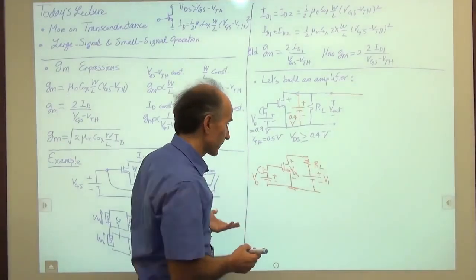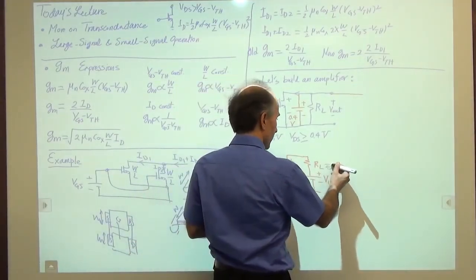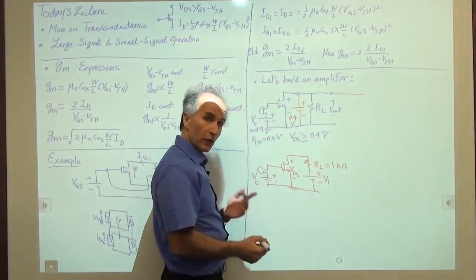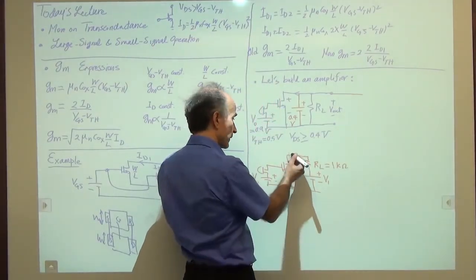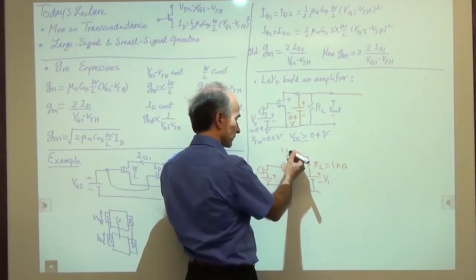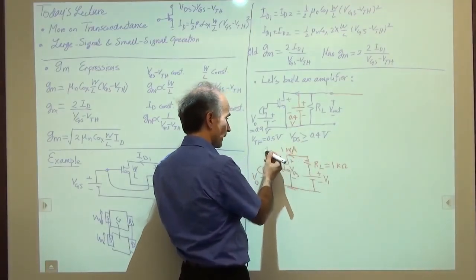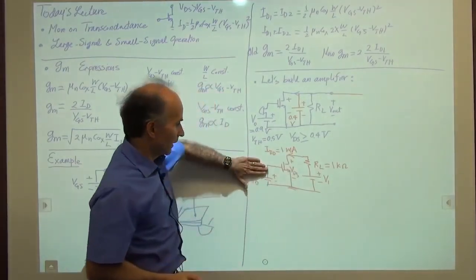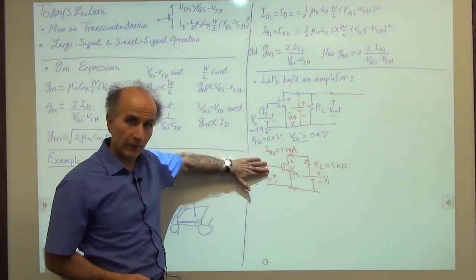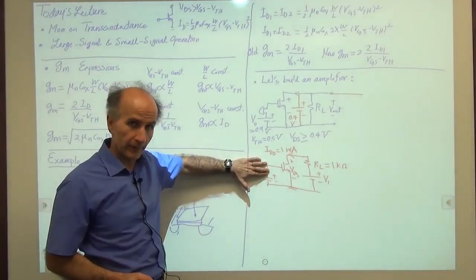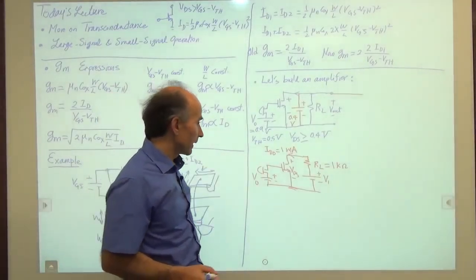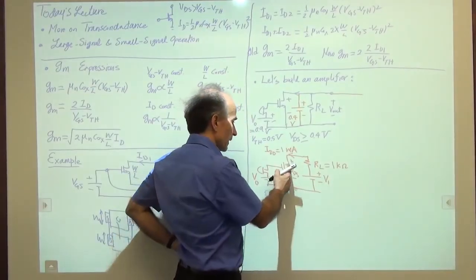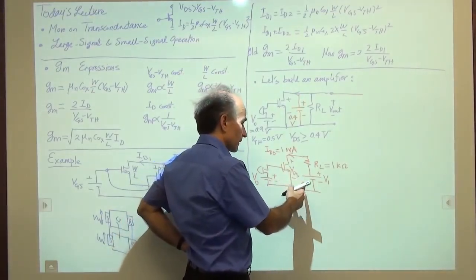Okay, well, let's just give some numbers here just to have something to work with. So let's say this resistor is 1 kilo ohm. Let's say we are shooting for a bias current of 1 milliamp here. So we'll call this ID0 to indicate that this is the current before the microphone signal comes in, when the microphone signal is 0 volts. Okay, all right. Now, how much is VDS in this case?